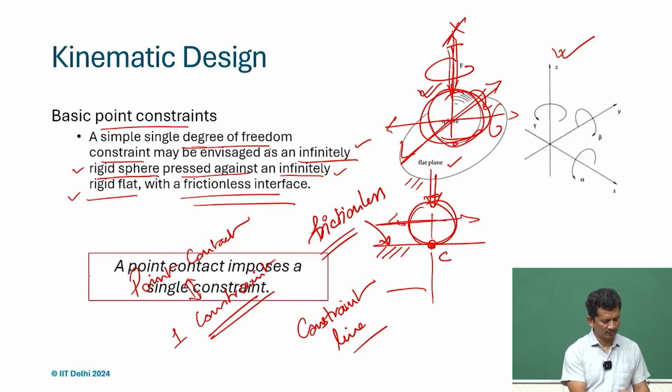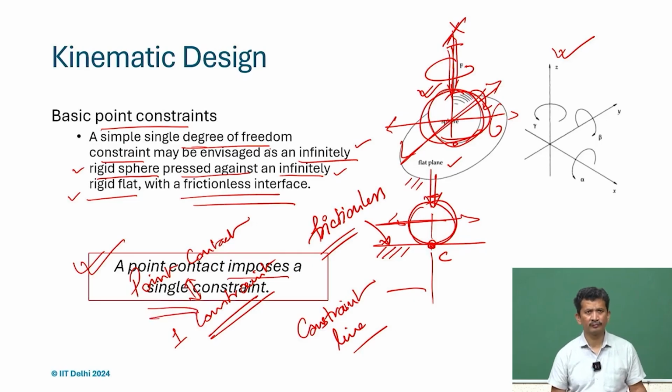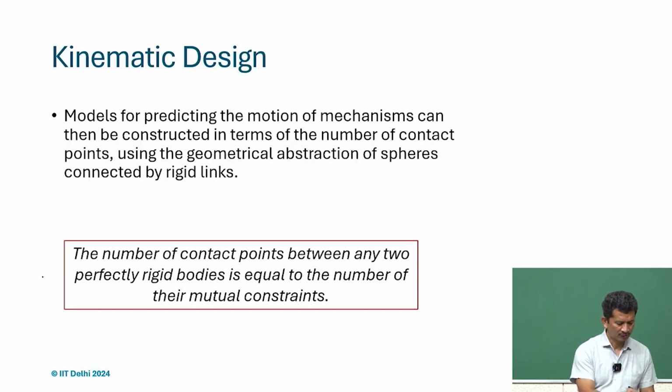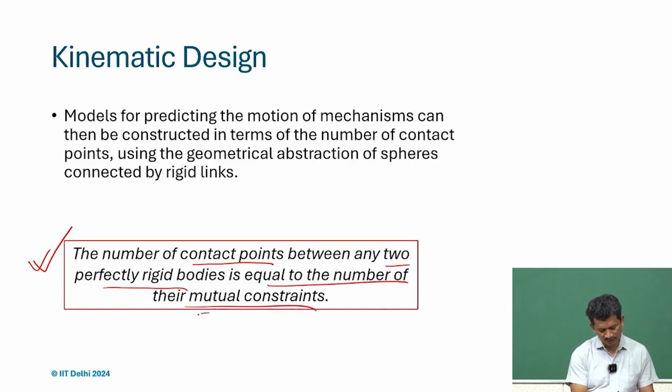So, what we are just highlighting here is that a point contact imposes a single constraint. So, in general what we can say is that the number of contact points between any two perfectly rigid bodies is equal to the number of their mutual constraints.